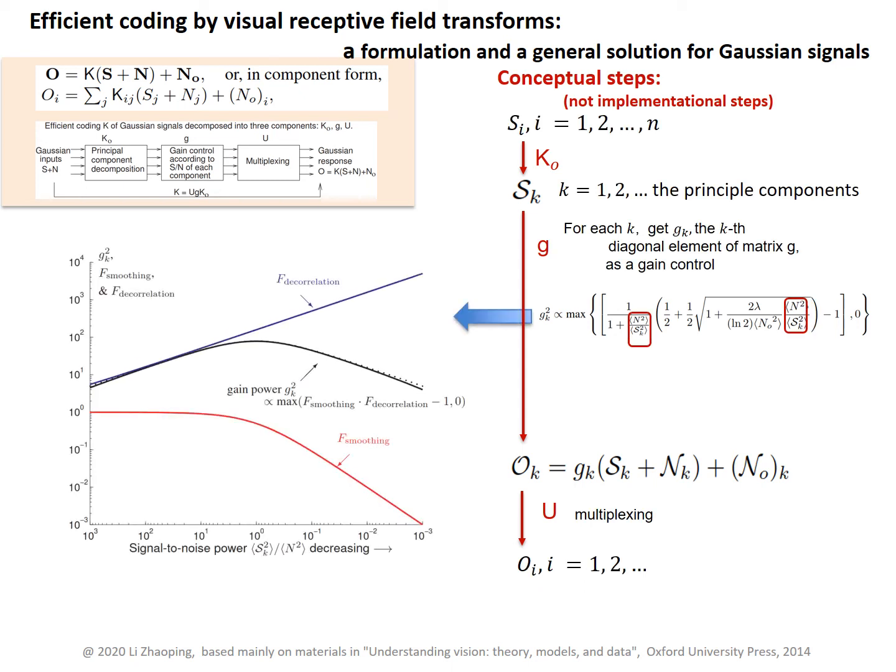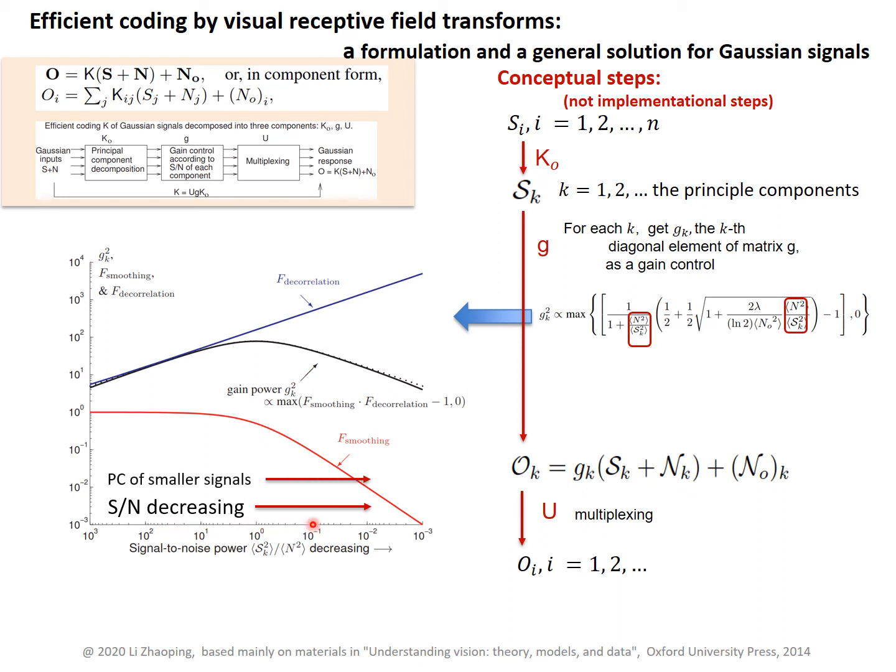Looking at the GK, or rather GK squared, in more detail, this plot gives the GK squared value versus the signal to noise of the principal components. So the horizontal axis is for signal to noise, and it decreases rather than increases along the axis.